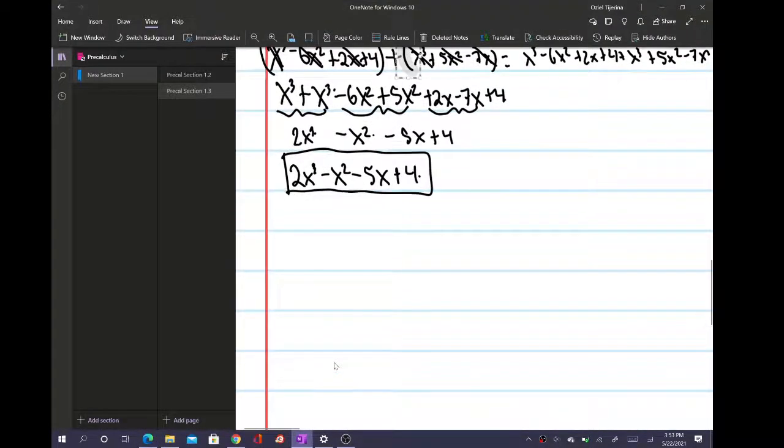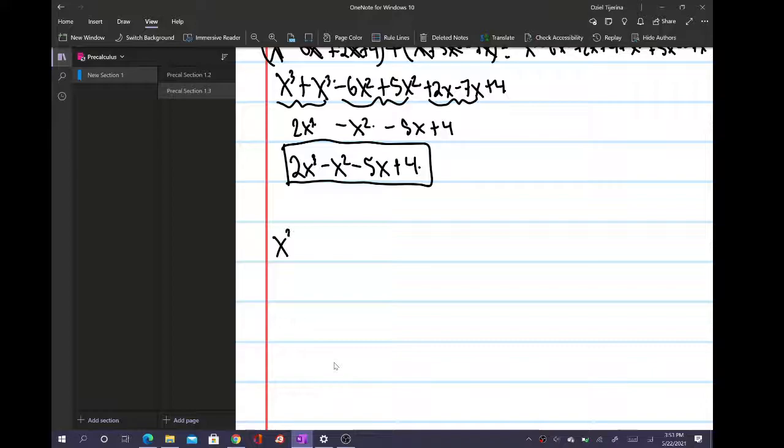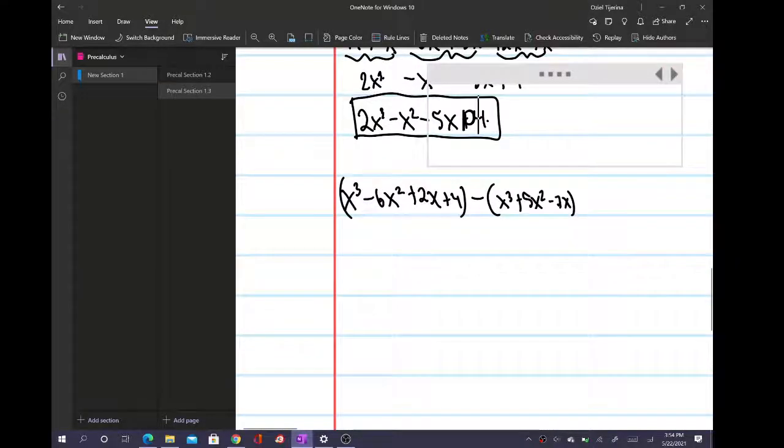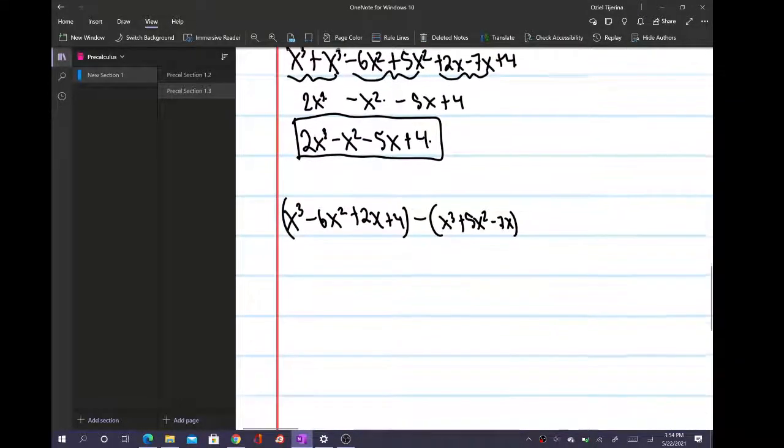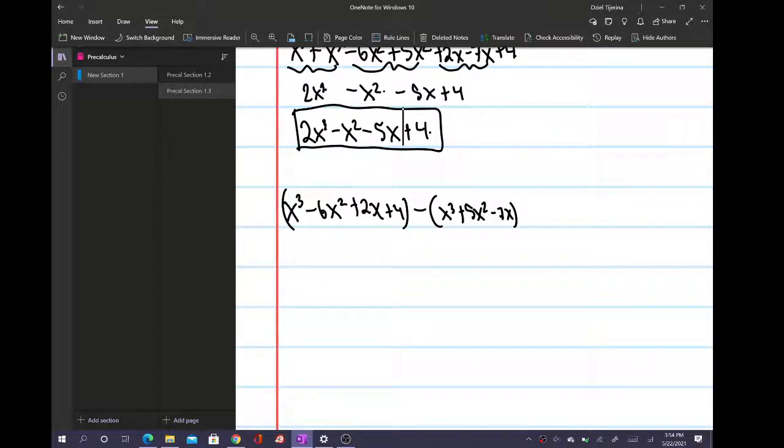So it says x cubed, and let me go ahead and write it really quick. Okay, so now this one is a little different. It's the same problem that we had, but now we're subtracting. So the first expression that's in parentheses, yes, go ahead and bring it down.